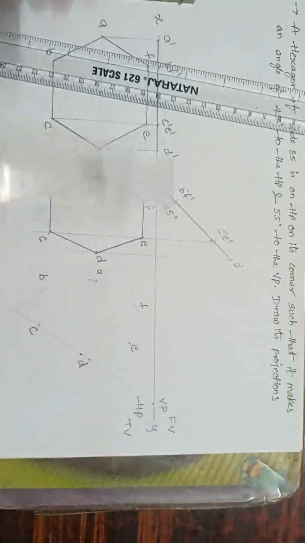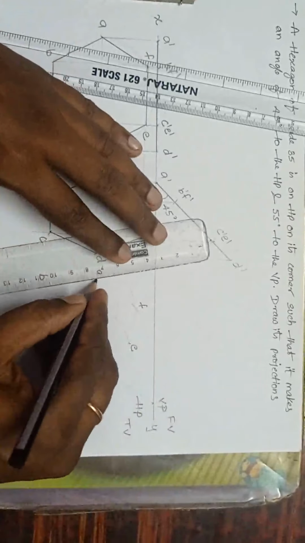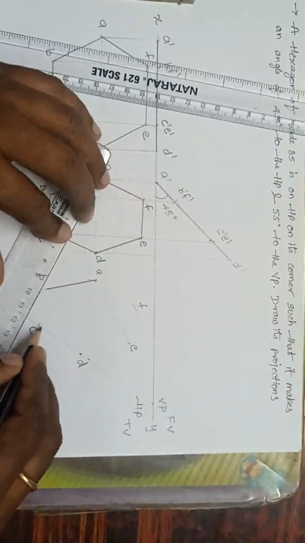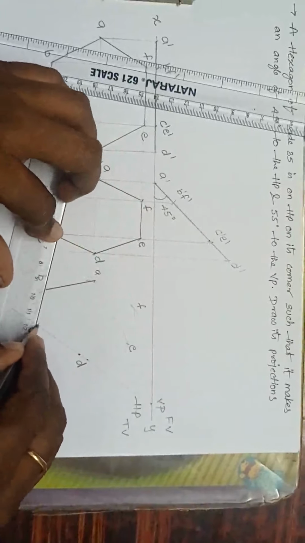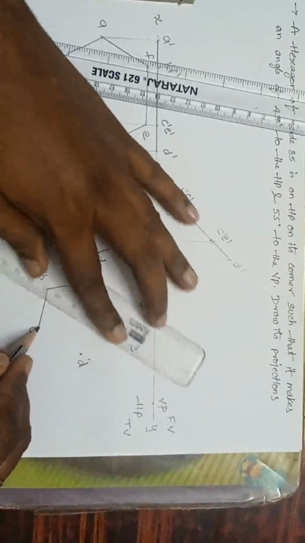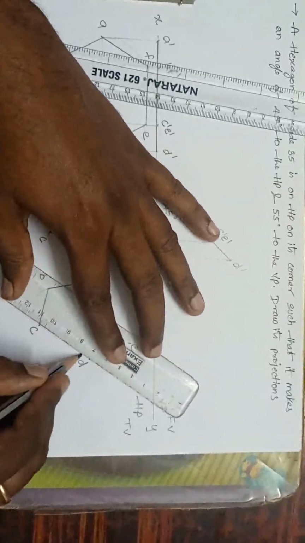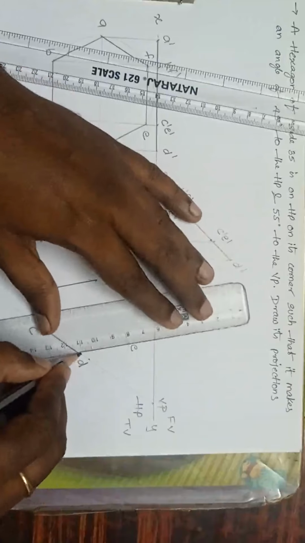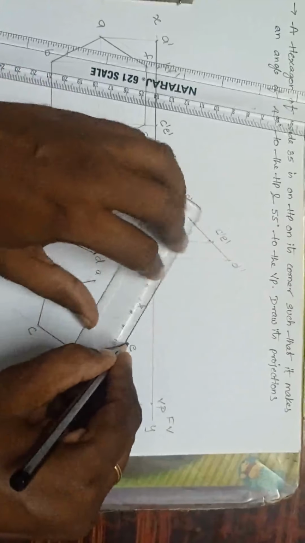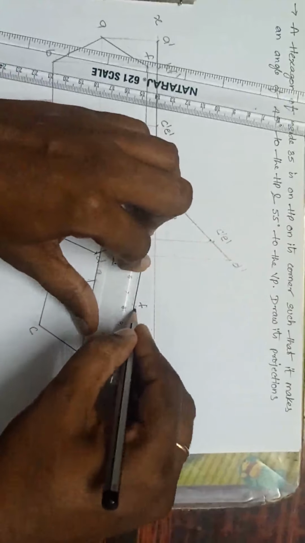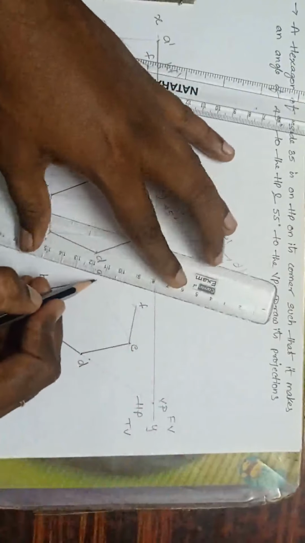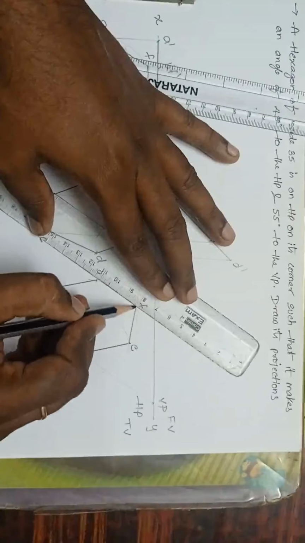Done. Just join all the points. This is AB. Okay, CB, CD, DE, EF, and finally AF.